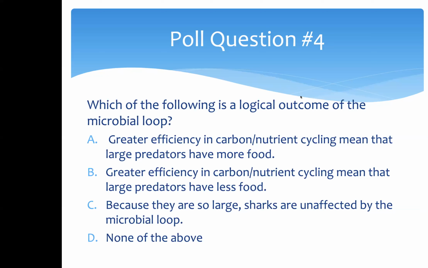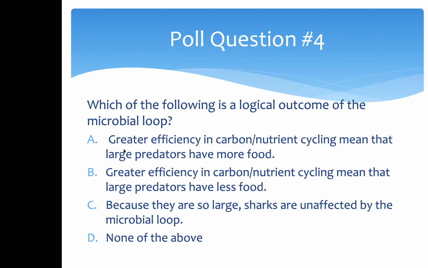All right, so most of you put A and B, although 4 of you did say none of the above. All right. So it's coming down to this. D is not correct. One of these is correct. But it was a little bit tricky.